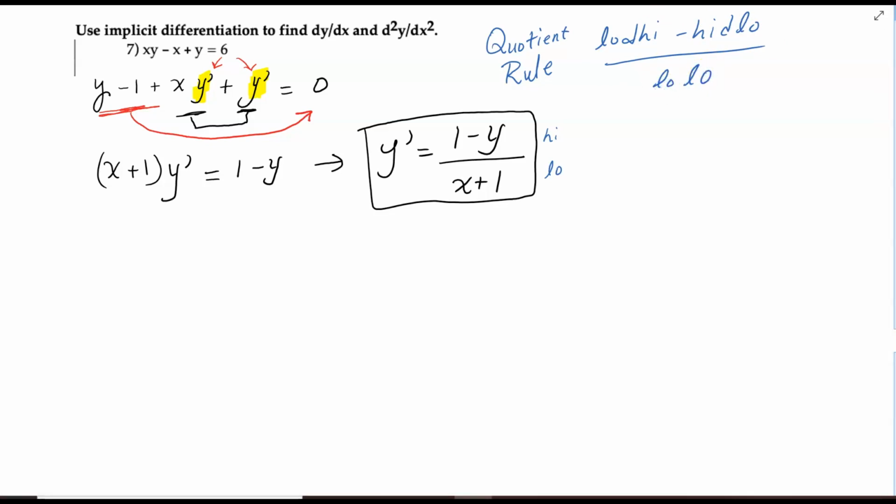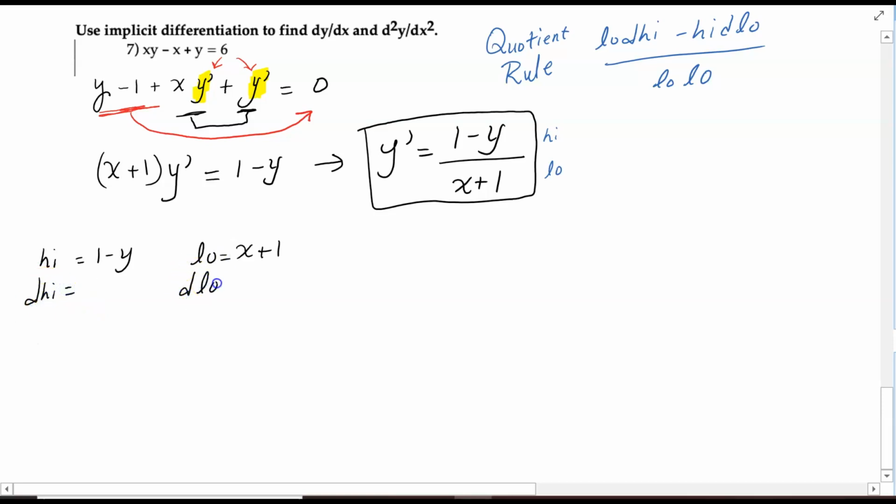And so now let me write out what high is. I found the first derivative, now we find the second. High is going to be 1 minus y. Low is going to be x plus 1. And now we find d high and d low. And you'll see it's not that bad. So 1 minus y, the derivative of that is just going to be a negative 1.